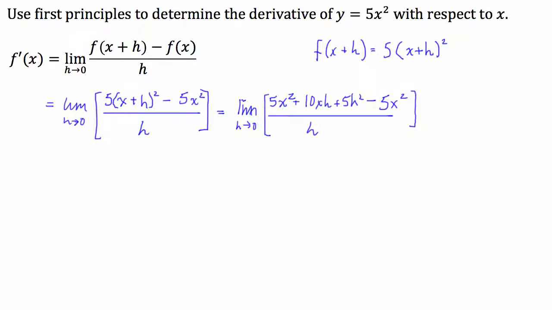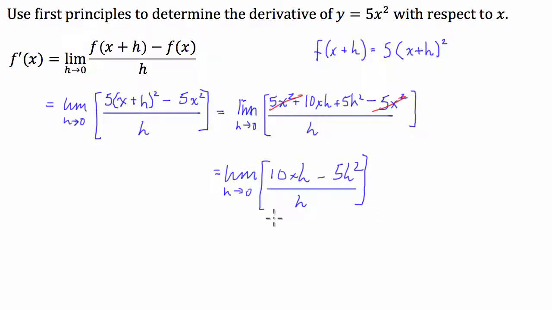Now, it's pretty easy to see that 5x squared minus 5x squared will cancel itself out. And we're then left with the limit as h approaches 0 of 10xh plus 5h squared, all divided by h.